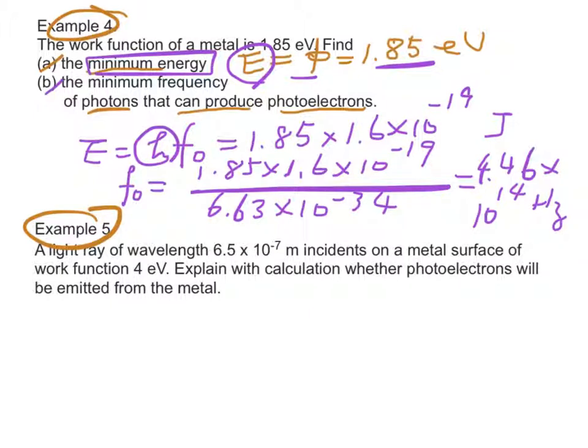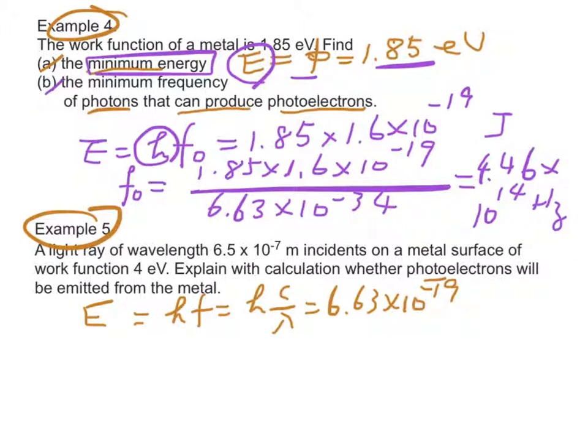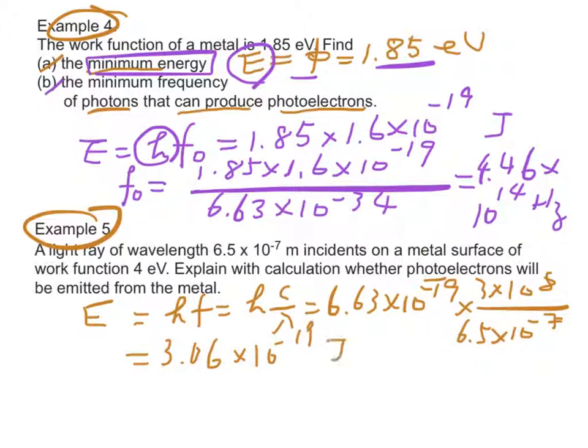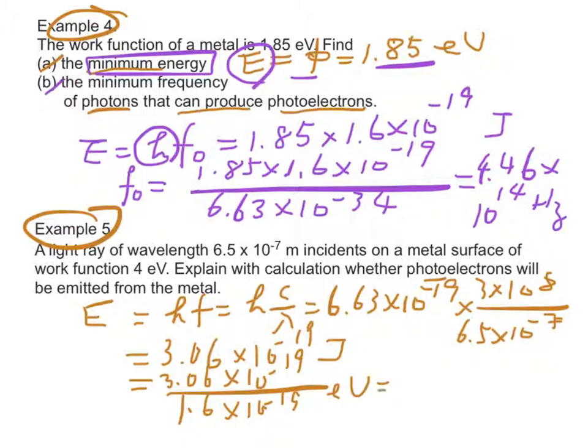Example 5. The energy of a photon equal to hf equal to hc over lambda equal to 6.63 times 10 to the power negative 34 times 3 times 10 to the power 8 over 6.5 times 10 to the power negative 7, equal to 3.06 times 10 to the power negative 19 joules, which is equal to 3.06 times 10 to the power negative 19 over 1.6 times 10 to the power negative 19 eV, which is equal to 1.91 eV.